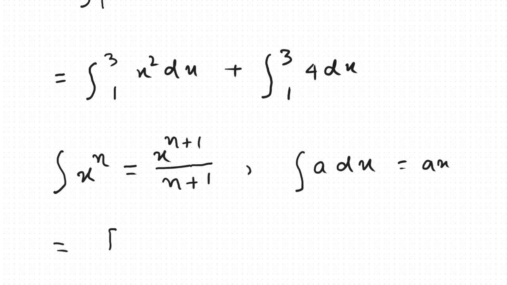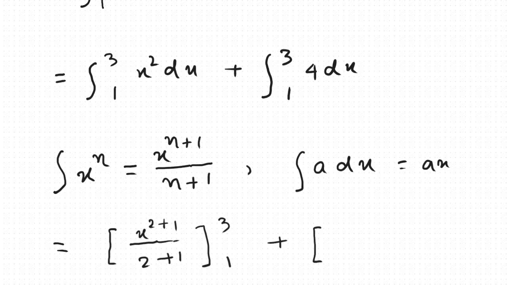integration from 1 to 3 of x squared dx becomes x to the power 2 plus 1 divided by 2 plus 1, with limits 1 to 3, plus, if we integrate this one with these rules, we get 4x with limits 1 to 3.